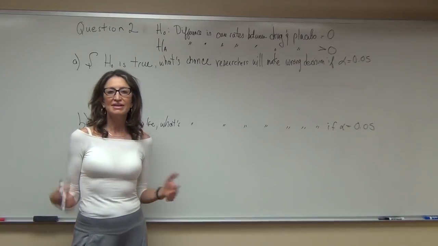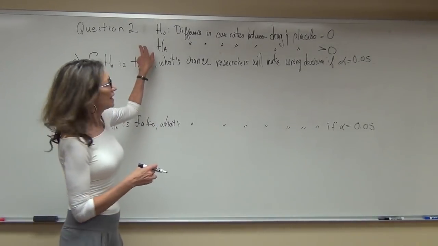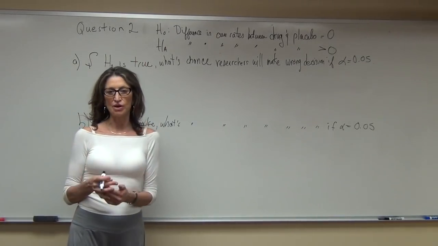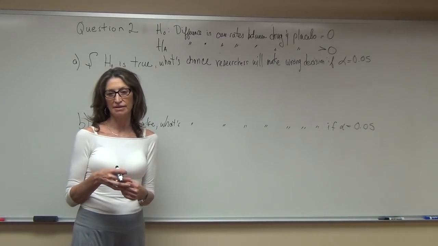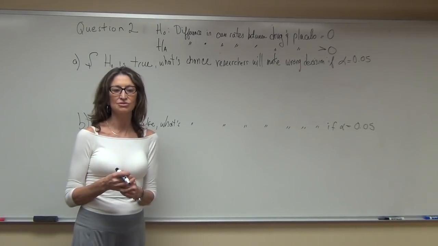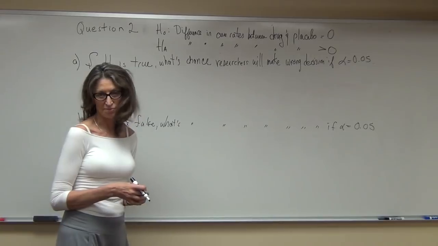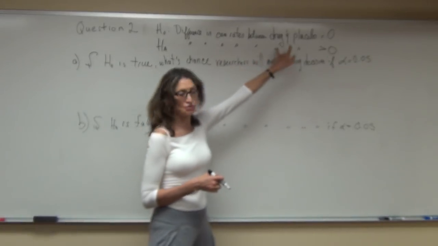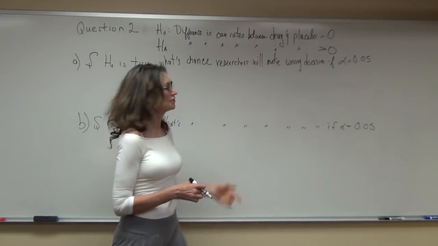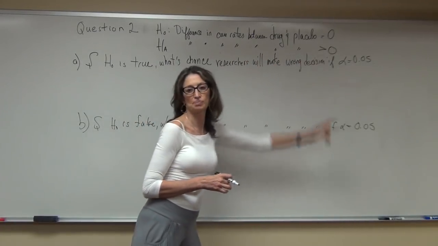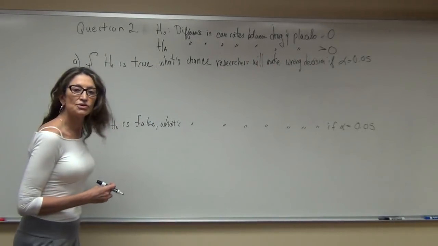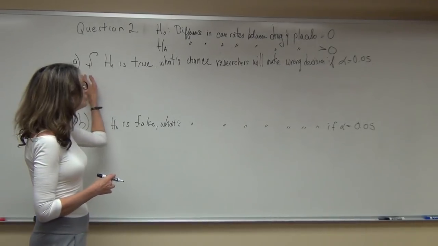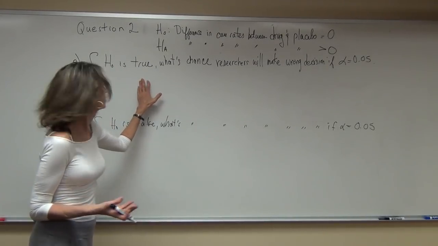All right. Okay, so this is question 2, and we're trying to see if a drug works. So we're looking at a randomized trial comparing a drug to a placebo. So the null is the difference in the cure rates between the drug and the placebo is 0, and the alternative is no, the drug worked better. All right, so the first question says, suppose that the null is true.